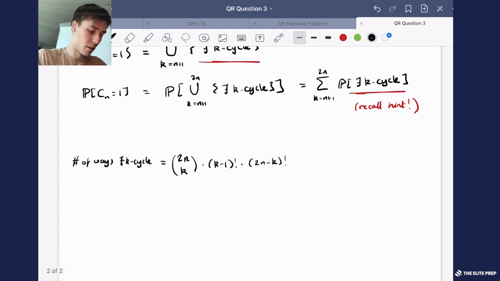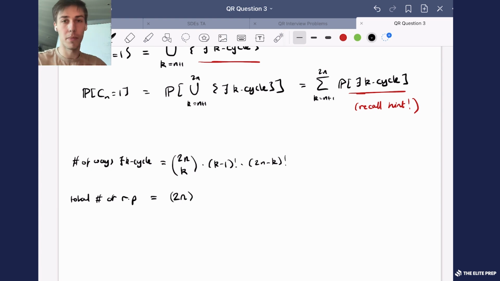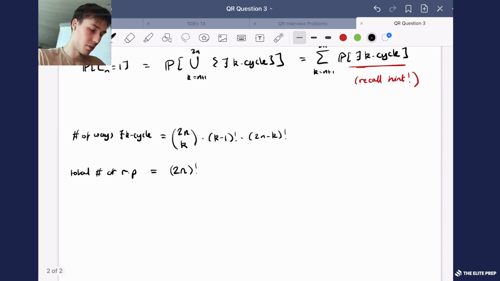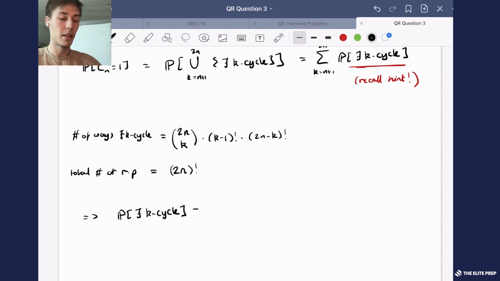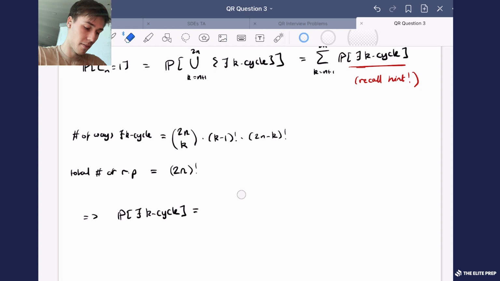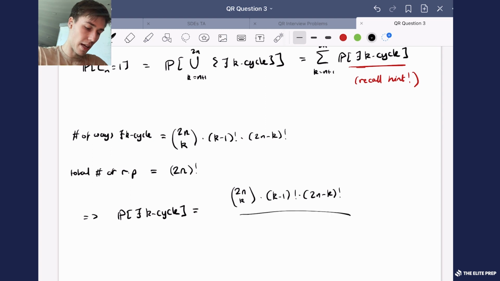The total number of random permutations is equal to 2n factorial. So in total, the probability that there exists a k cycle is equal to 2n choose k times k minus 1 factorial times 2n minus k factorial over 2n factorial.